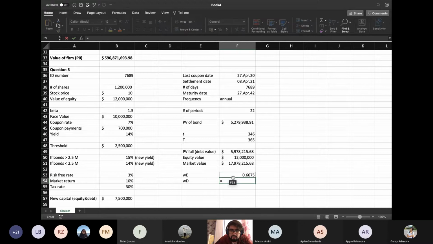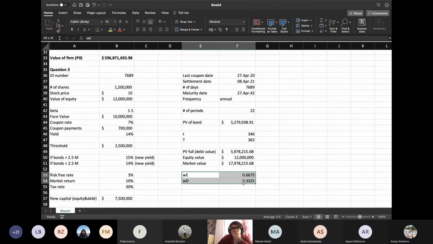And 1 minus weight of equity is weight of debt. Or you can also find it like that, debt value divided by market value, the same. We found the debt value and equity value.